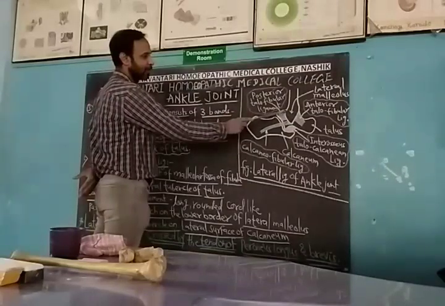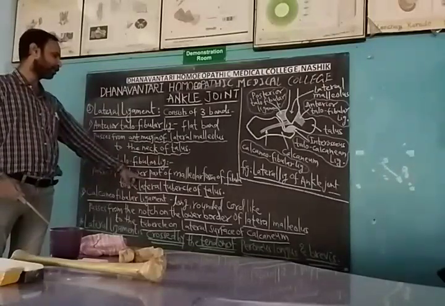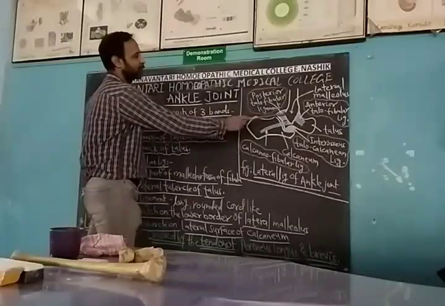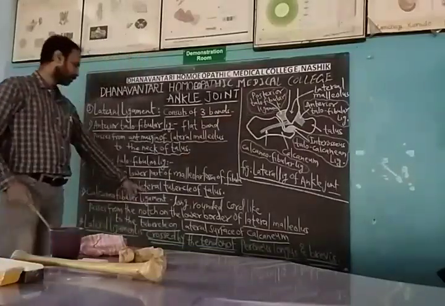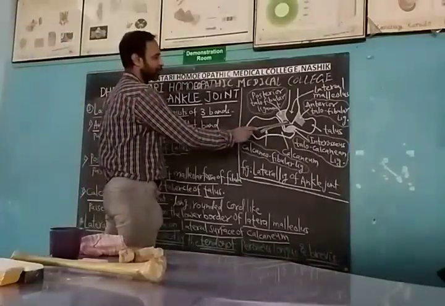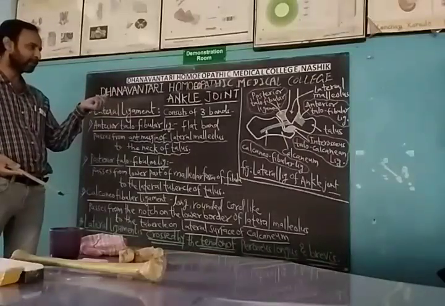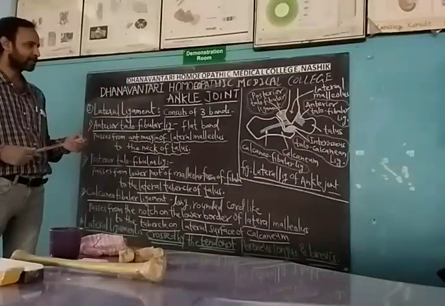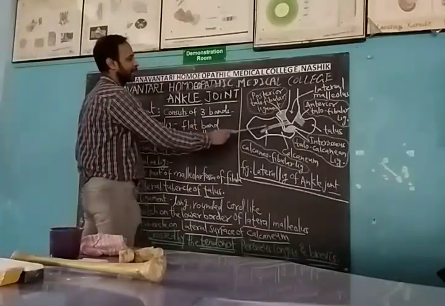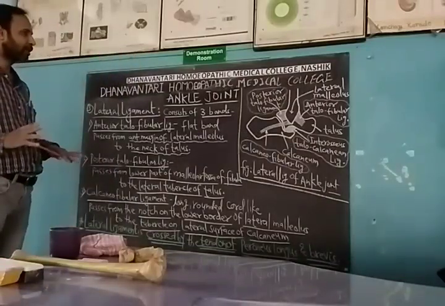Posterior talofibular is from the lower part of the malleolar fossa of the fibula to the lateral tubercle of the talus. And calcaneofibular is from the notch on the lower border of the lateral malleolus of fibula to the tubercle on the lateral surface of the calcaneum. So these are our three bands.